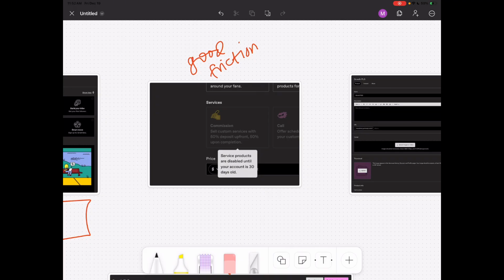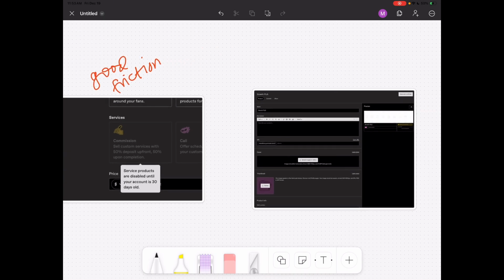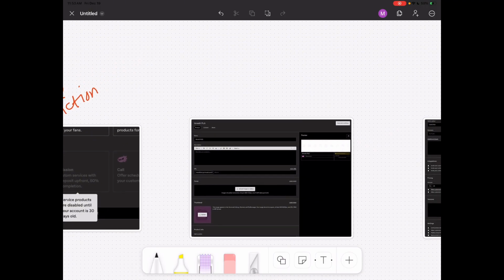I really like that, because it tells the user, hey, this is a service that we're only offering people that are actually here to do something with their GumRoad account. And if you make it to that 30-day period, you will get access to this. So they're not completely giving it away for free, and the friction description is actually helping them here. I highly appreciate that, and I think that's a really good call. Bravo to whoever designed that.